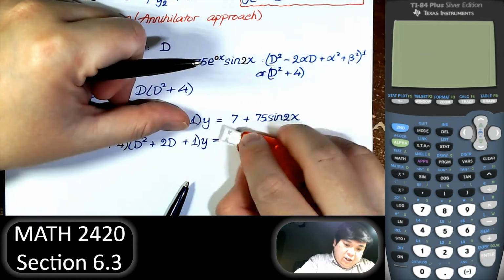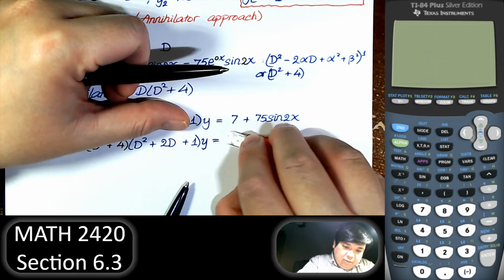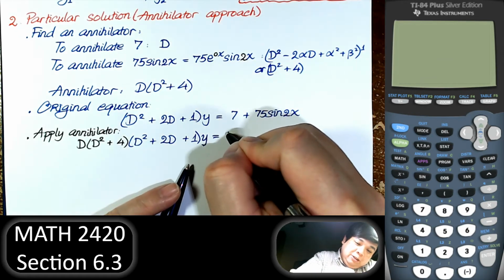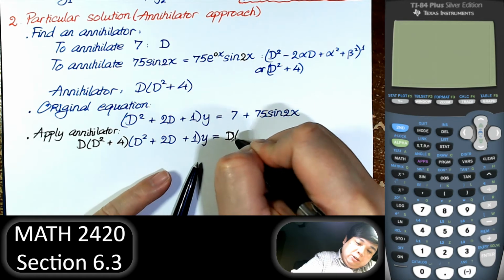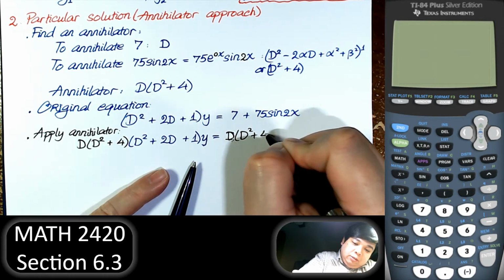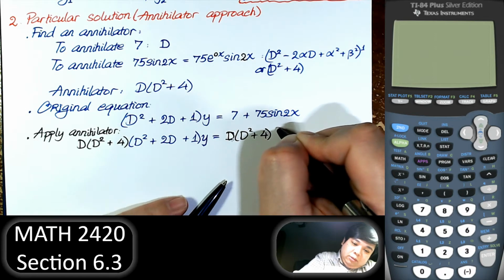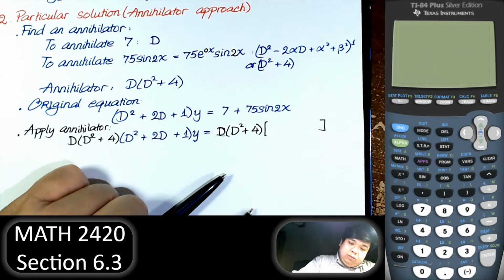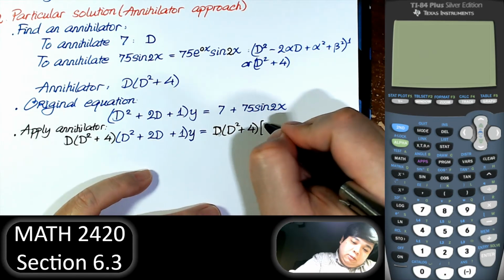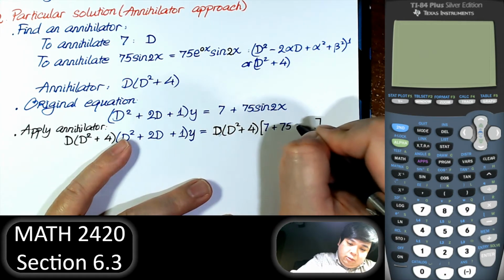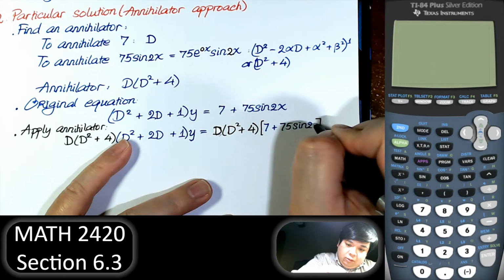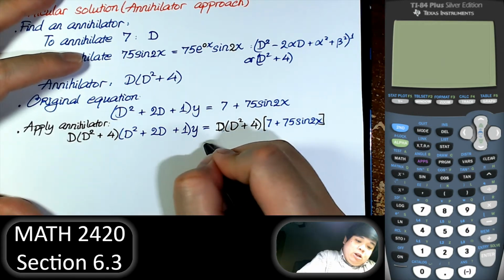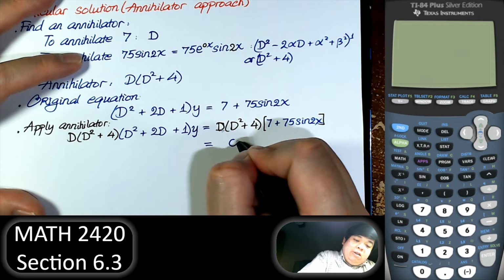Yeah, we apply the annihilator on both sides. Right, we know the right hand side is equal to 0 because that's the whole point of the annihilator.